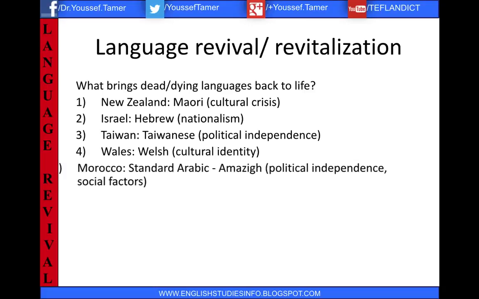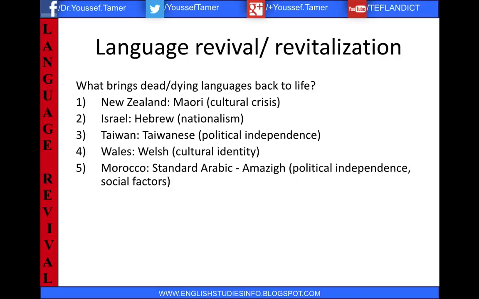Now for Morocco, we have Standard Arabic and Amazigh, and the reasons behind reviving these two have got to do with political independence and are due to social factors. So as you can see, there is a variety of reasons for reviving languages that are about to die.